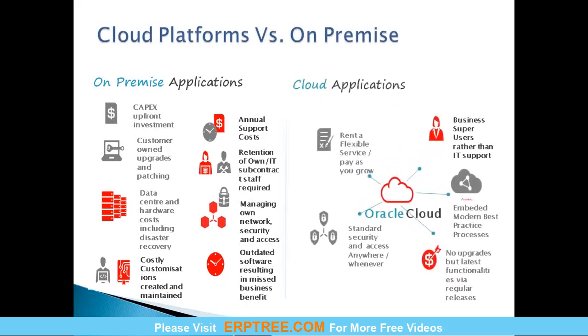If somebody is going to opt for a cloud solution, when you talk about Fusion applications, they can go with on-premise, where they can take the license, install it on their server, and manage it. Otherwise, to avail the features of Fusion applications directly, they can go with the cloud application.